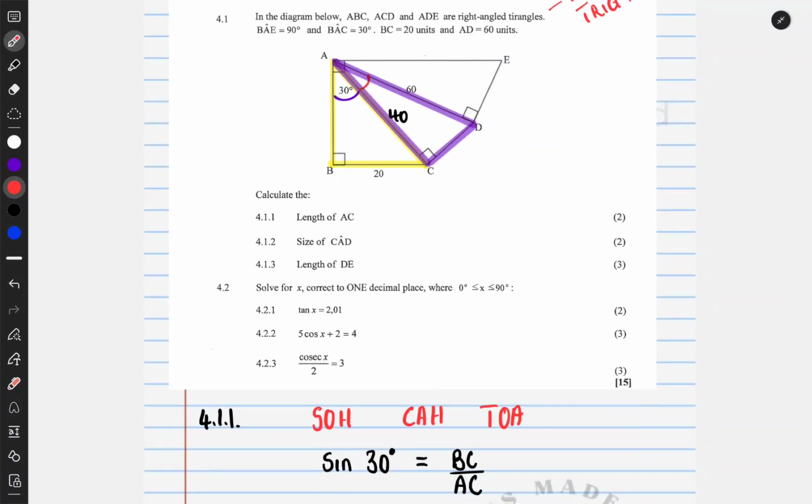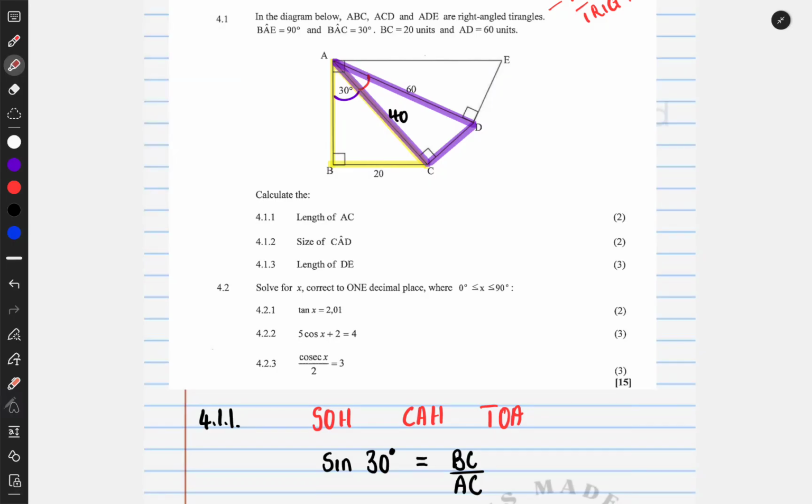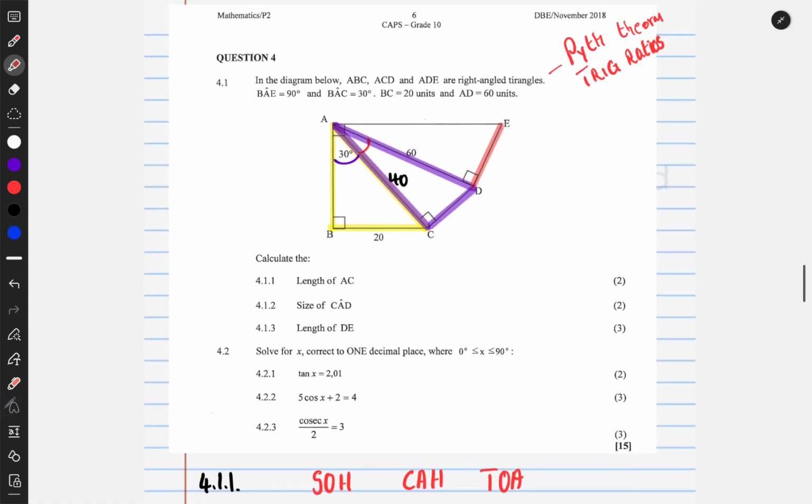And then next we are asked to calculate the length DE. This length here, the length DE. What do we know about length DE? If we were to focus on the triangle ADE, this triangle here, we know that side 60 is there.